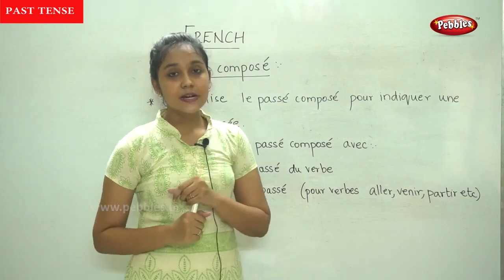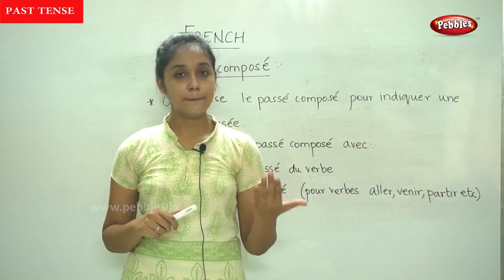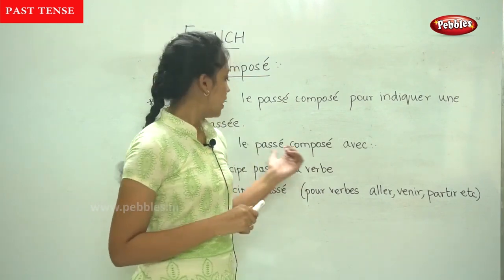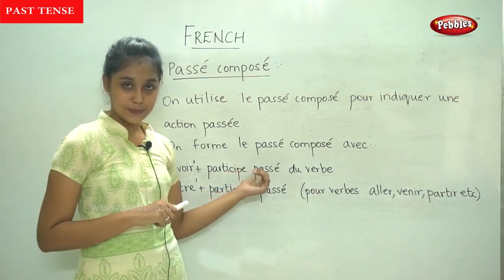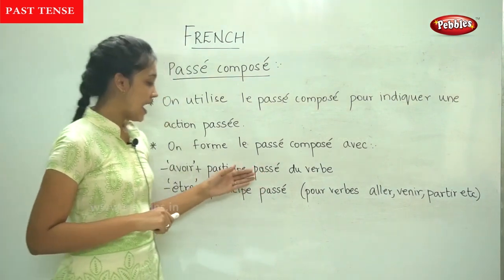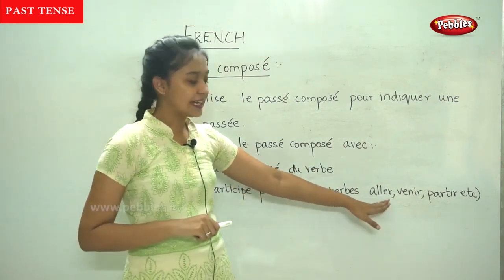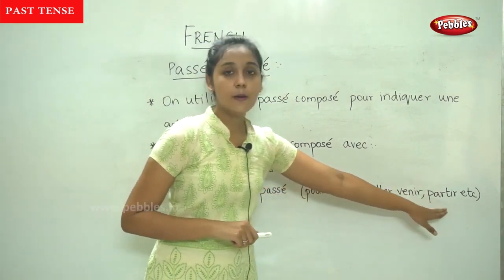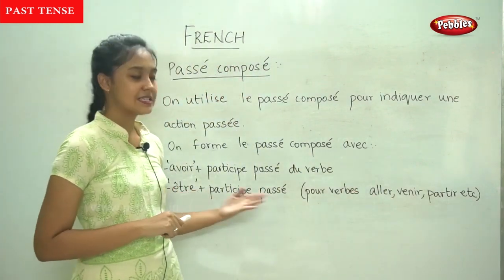So why do we use passé composé? To indicate that the action has already passed. It is done. The two rules are avoir plus the past participle of that verb, and for some cases, that is for verbs of motion like aller, venir, partir, we use être plus the past participle.